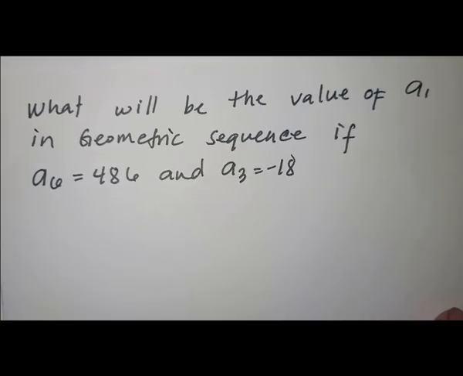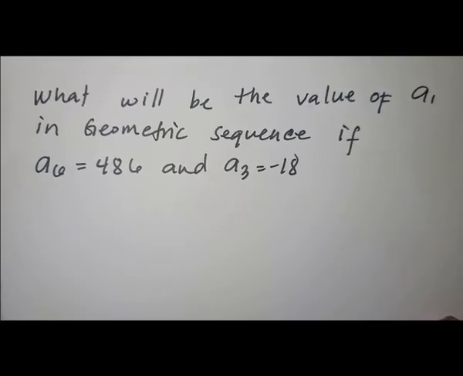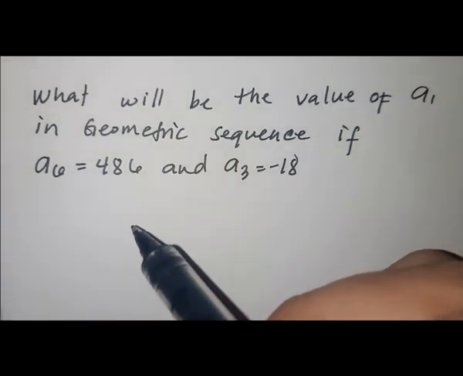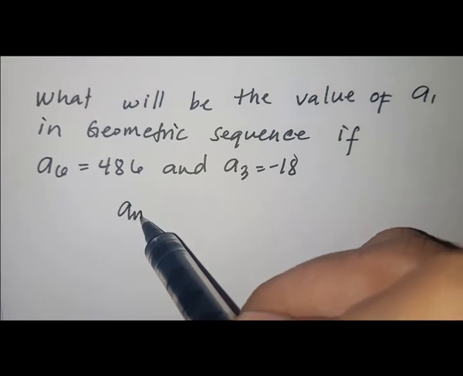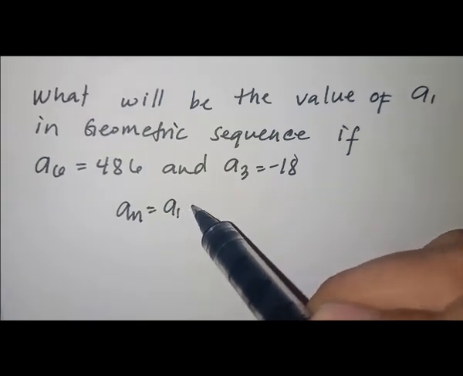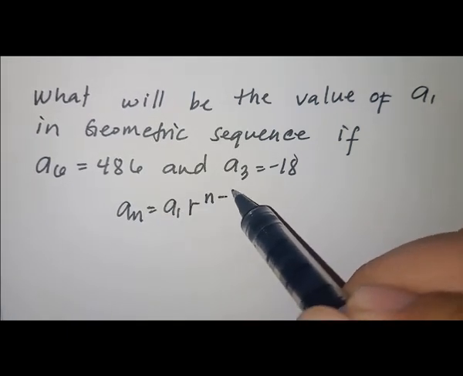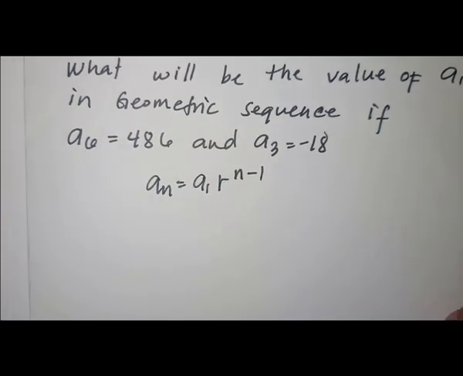Okay, so let us try another one ulit. So what will be the value of A sub 1 in geometric sequence if A sub 6 is 486 and A sub 3 is equal to negative 18? So again, gamitin natin yung formula na A sub n is equal to A sub 1 times r raised to n minus 1.